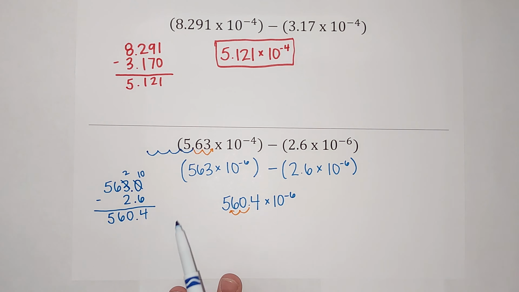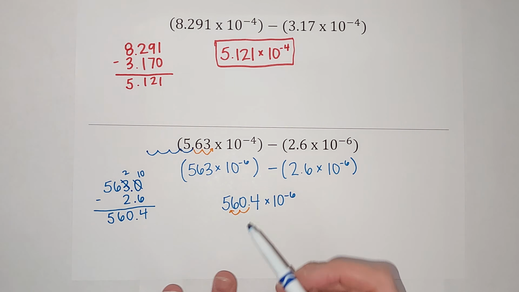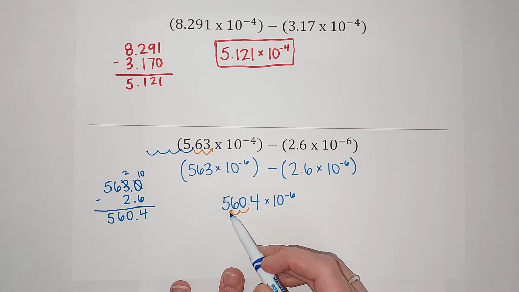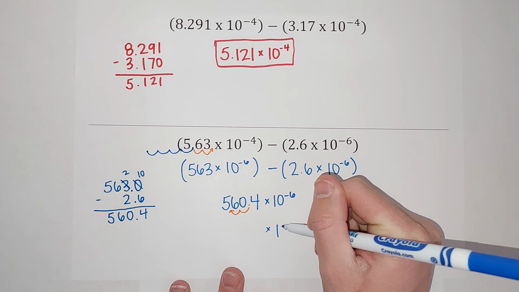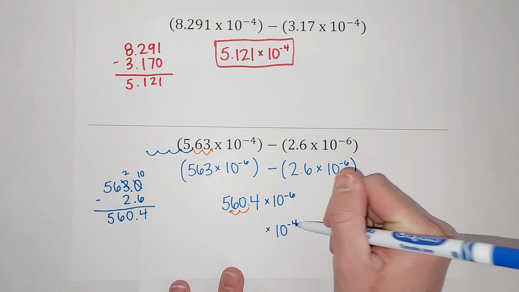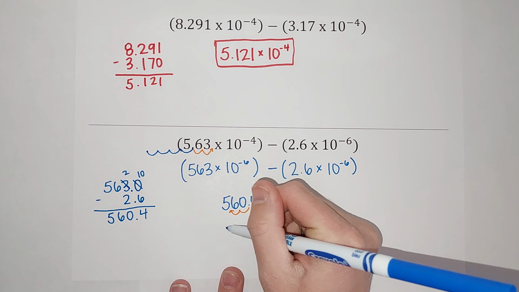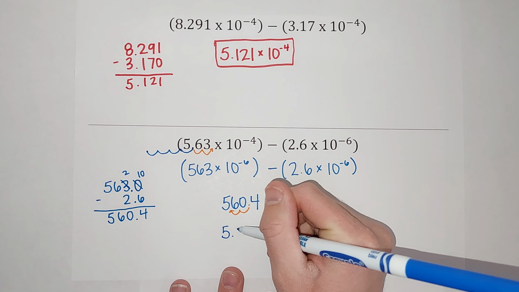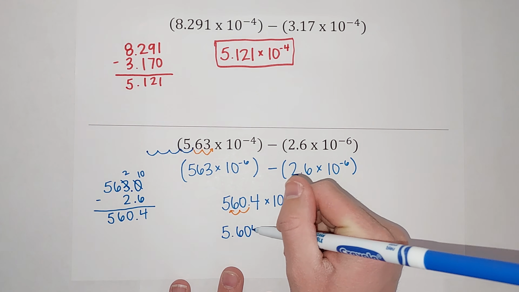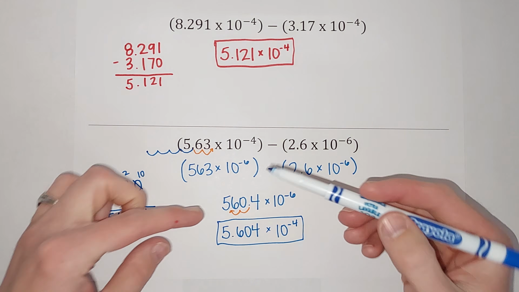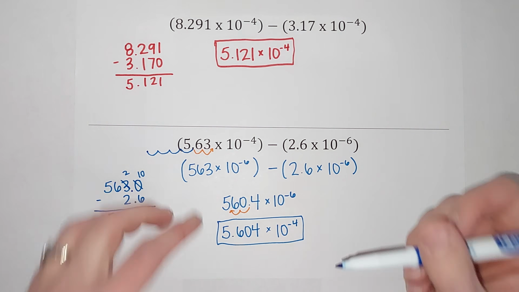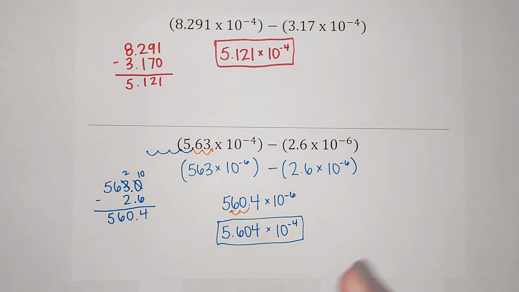If I went over 6 to the left, that would be where I want to be. So when I move to the left 2, I'm getting closer. So it is going to be 10 to the negative 4th again, and my answer will be 5.604 times 10 to the negative fourth. So just make sure if your answer doesn't have the decimal where it needs to be, that you move it and adjust your exponent accordingly.